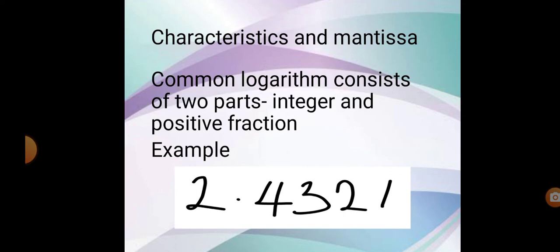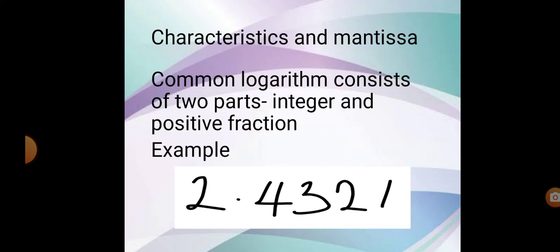Then the other one, your 2, which is your integer, can be negative, it can be positive, or it can be 0. So it is divided into two sections. You can see the point demarcated there. 2 is different, and 0.4321 is also different.